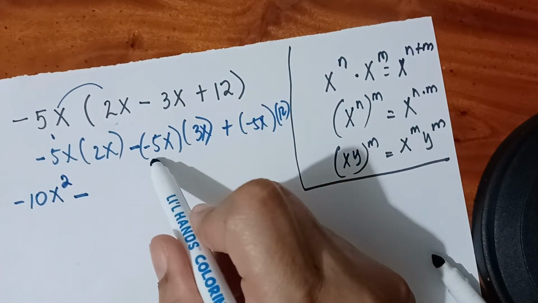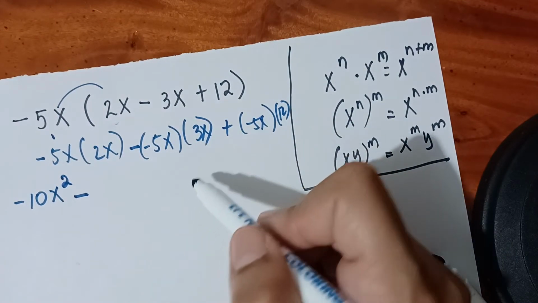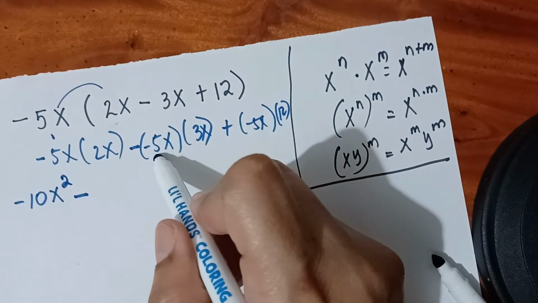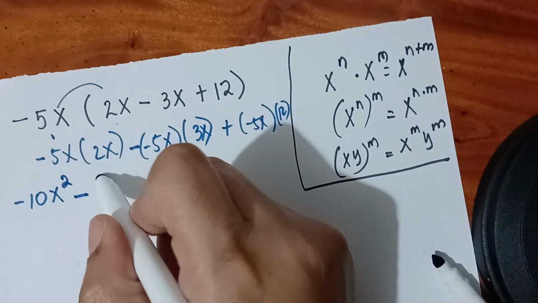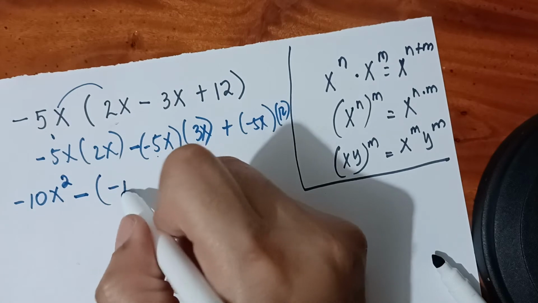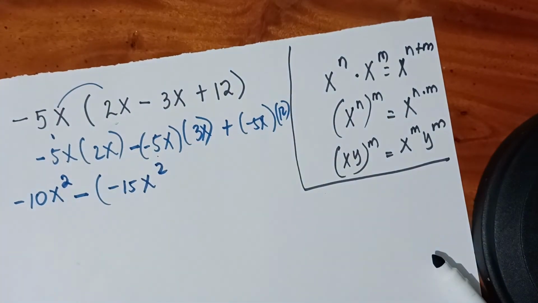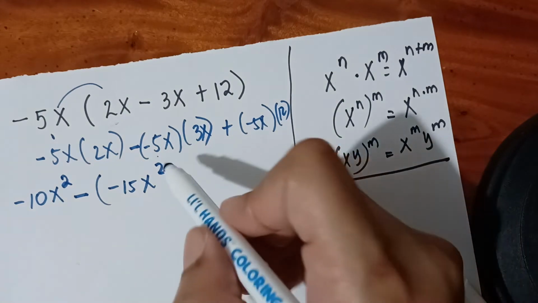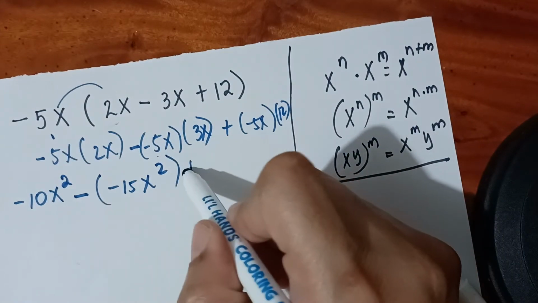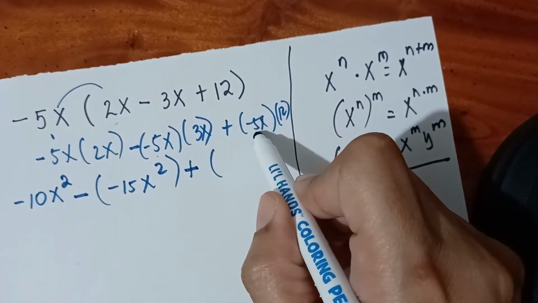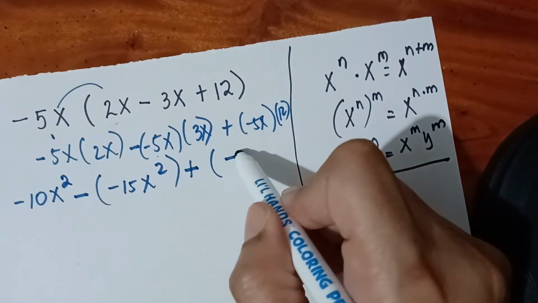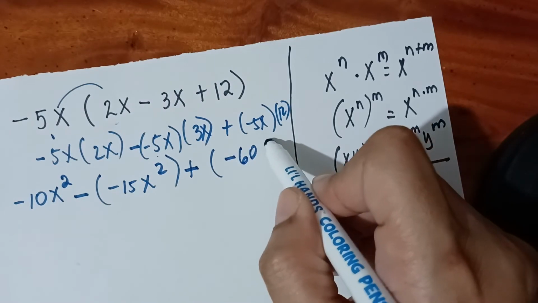Minus negative 5x times 3x, so ganun pa rin. So, 5 times 3 is 15, and since it is negative, it will be negative 15x squared. Okay, next, plus negative 5x times 12 is negative 60x.